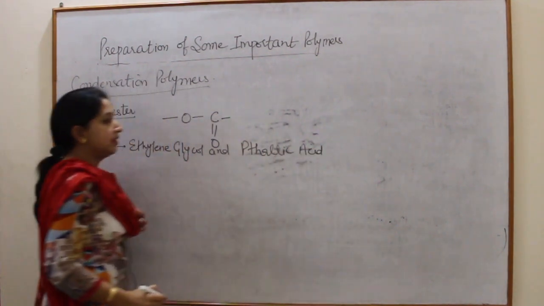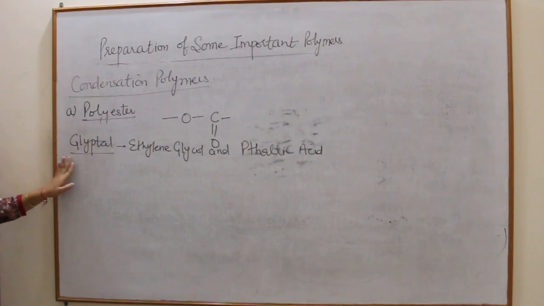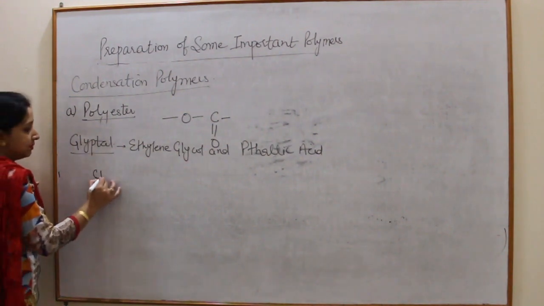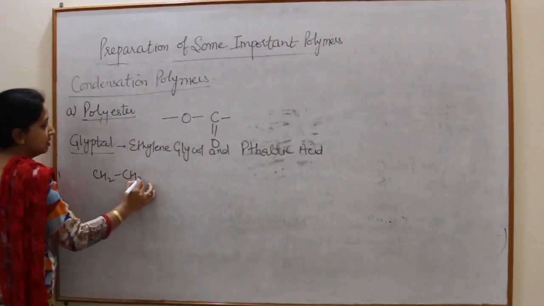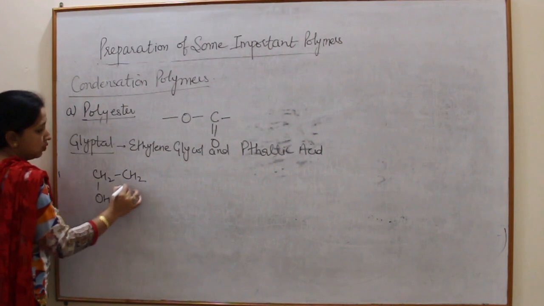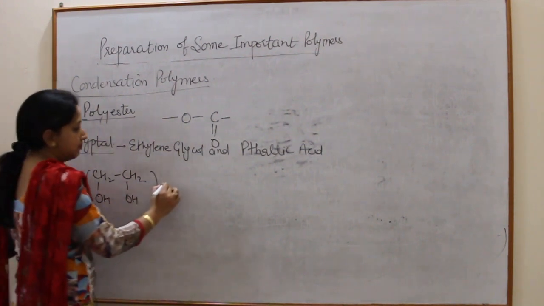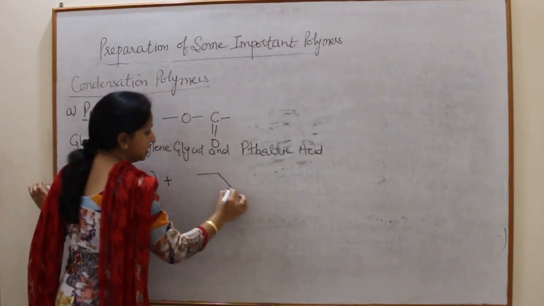In terylene it was terephthalic acid and in glyptal it is phthalic acid. Again ethylene glycol means CH2 single bond CH2 with OH and OH, plus phthalic acid.